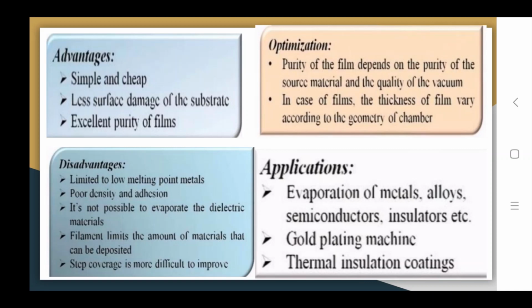Then there are certain disadvantages also. It is limited to low melting point metals, with poor density and adhesion, because we are giving heat to a particular material, and if the melting point of that precursor material is too high, then it is very difficult to make it into vapor form.